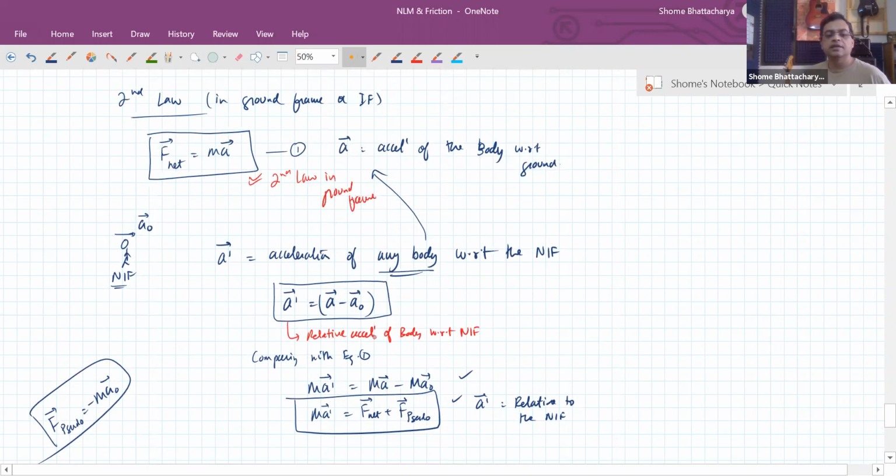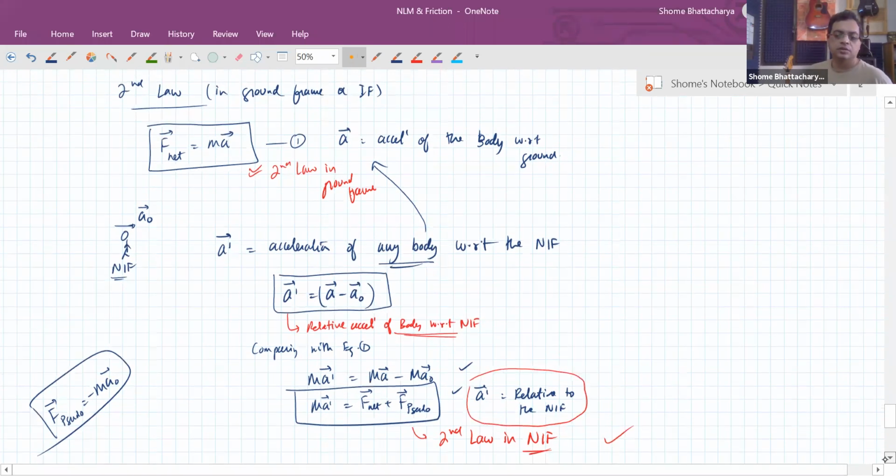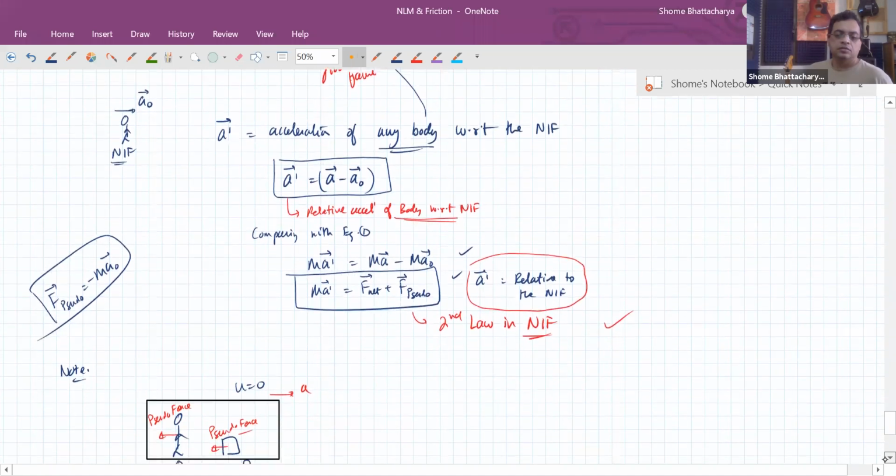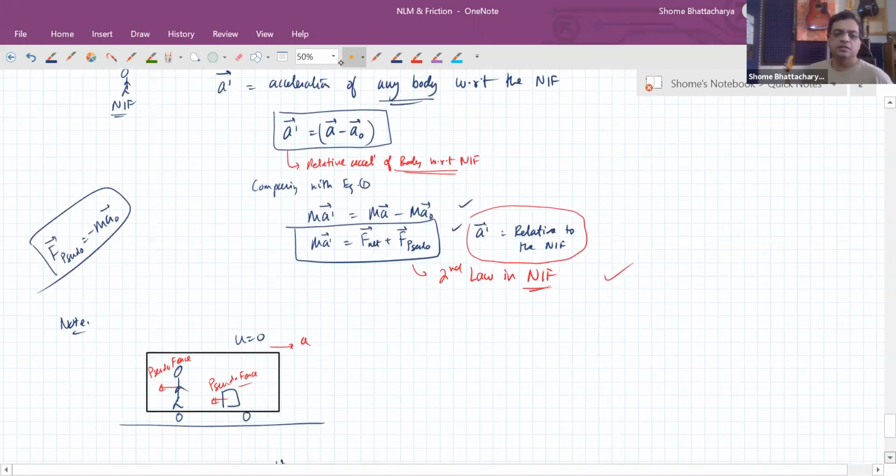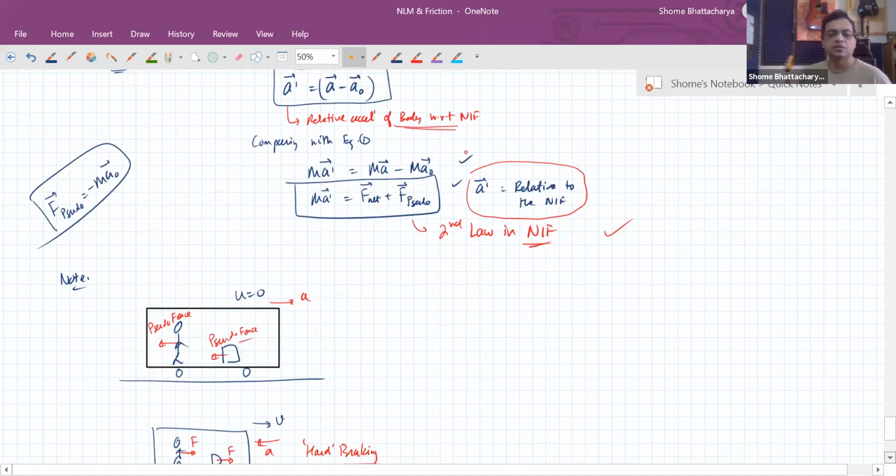Then we analyze this with respect to the concept of relative motion. So we got Newton's second law in the non-inertial frame, because we are relating it with the acceleration with respect to the non-inertial frame or the relative acceleration. So we get this kind of relationship here. So with these things in mind, let us understand some examples of this.